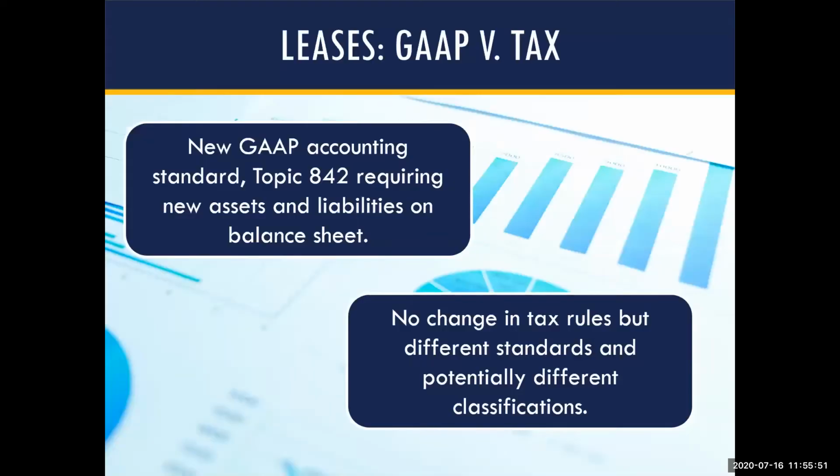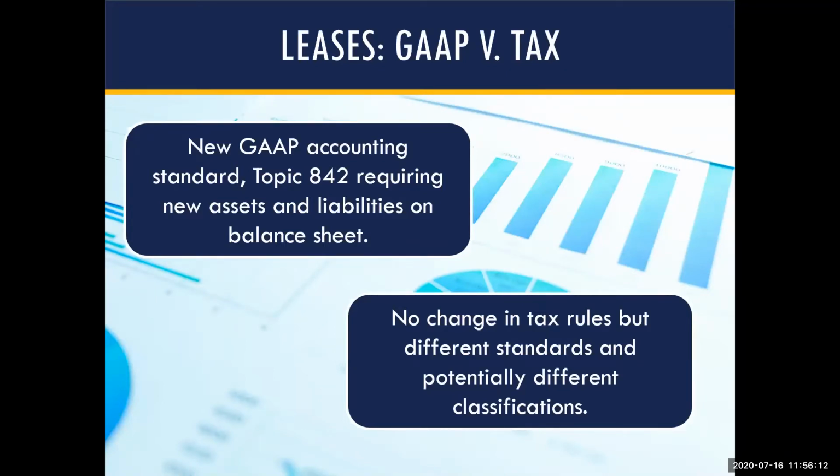And our last topic today, briefly, is the new leasing standards. This is yet another new GAAP accounting standard that potentially has a trickle-down effect on the tax side. These rules have been delayed, so our non-public clients will now be implementing them in 2020, I believe.